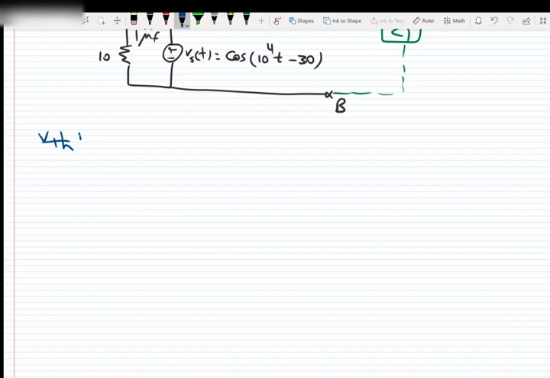Okay, I'm not going to show how to convert the values to the phasor because you know how to do that. So we will have Vx, we have J10, we converted 1 millihenry to phasor with the frequency of 10 to the power 4, so it results in J10 for the inductor.